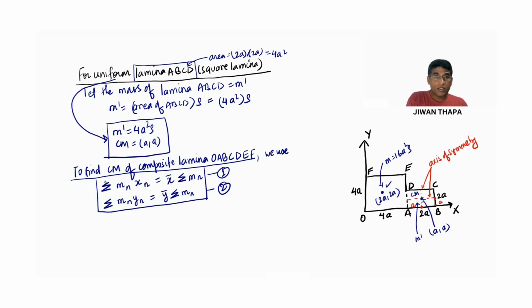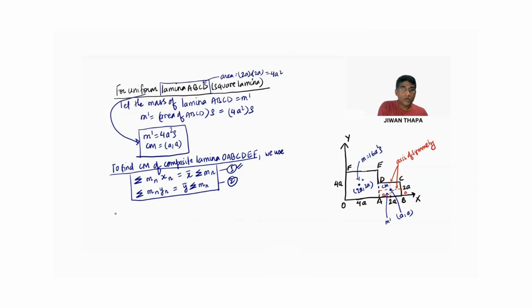So we use equation 1. First, its mass is 16a square rho, and what is xn? We can see the center of mass is at this distance from O. So this distance is twice a.